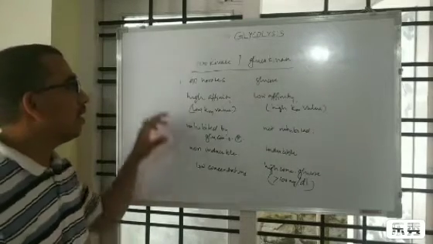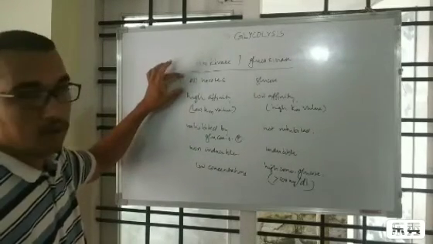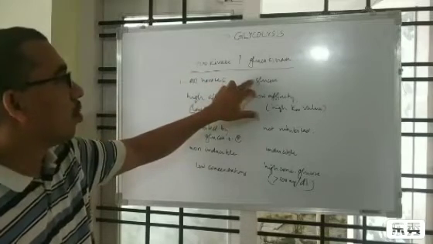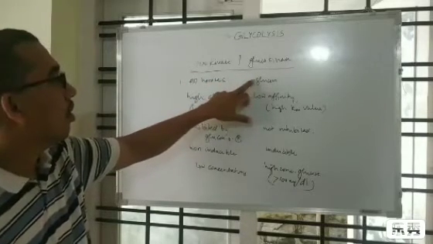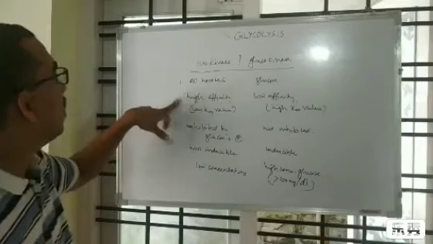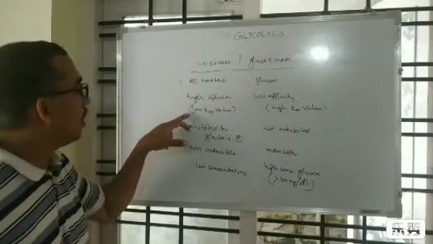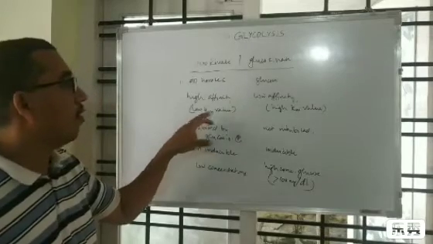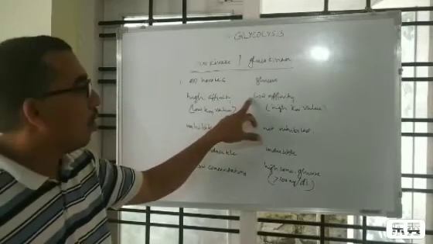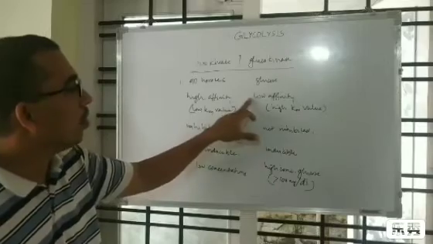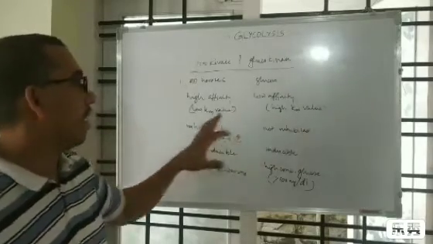So the differences between hexokinase and glucokinase are: hexokinase acts on all hexoses, but glucokinase acts only on glucose. Hexokinase has high affinity towards glucose, that is, a low Km value, but glucokinase has low affinity towards glucose, that is, a high Km value.